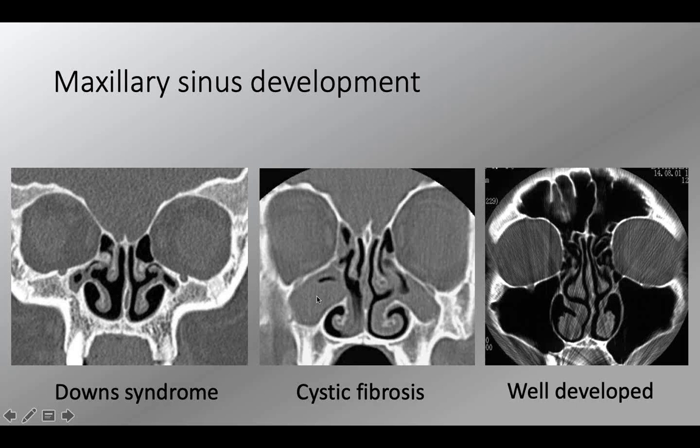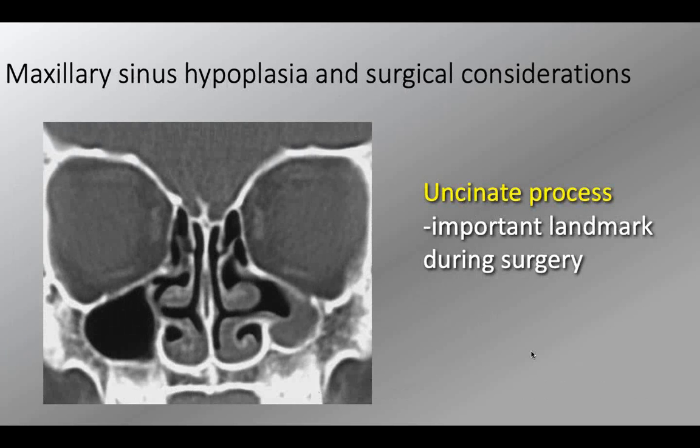Another feature with hypoplastic maxillary sinuses is the oval-formed orbit and also the low ethmoid roof. And sometimes you can see the sinuses very well developed, and this is also normal. Usually persons with no mucosal sinus disease have larger sinuses and more pneumatization variants.